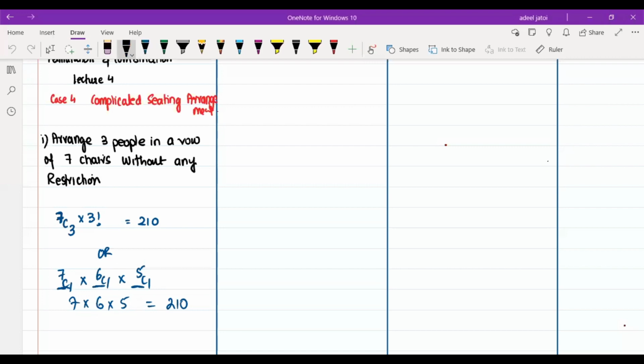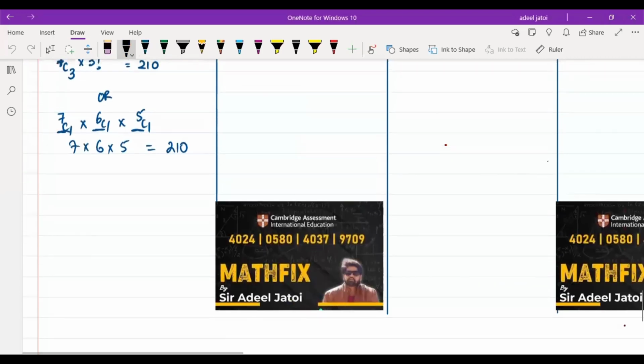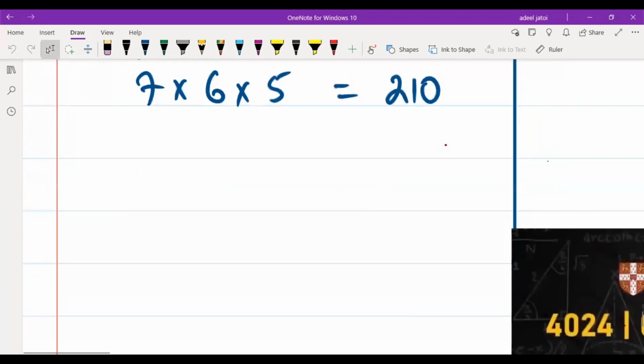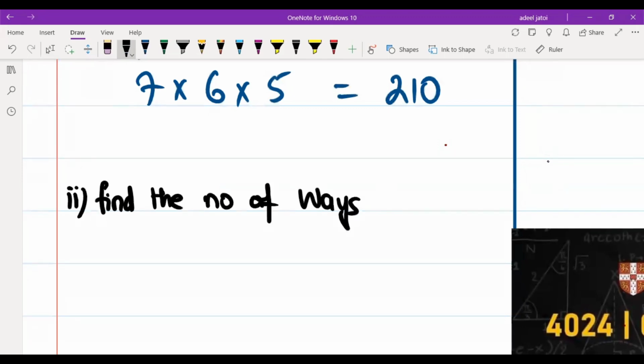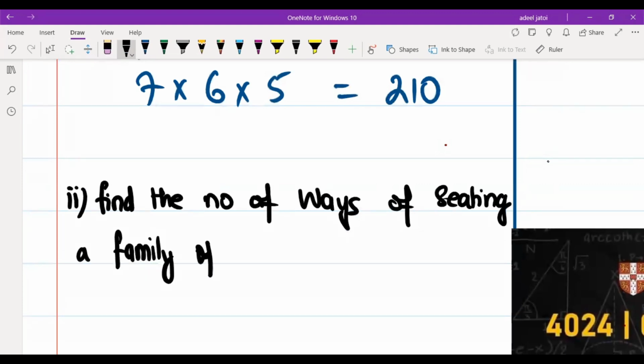Let's go with the second part of the second example question. Find the number of ways of seating a family of 3 members together.